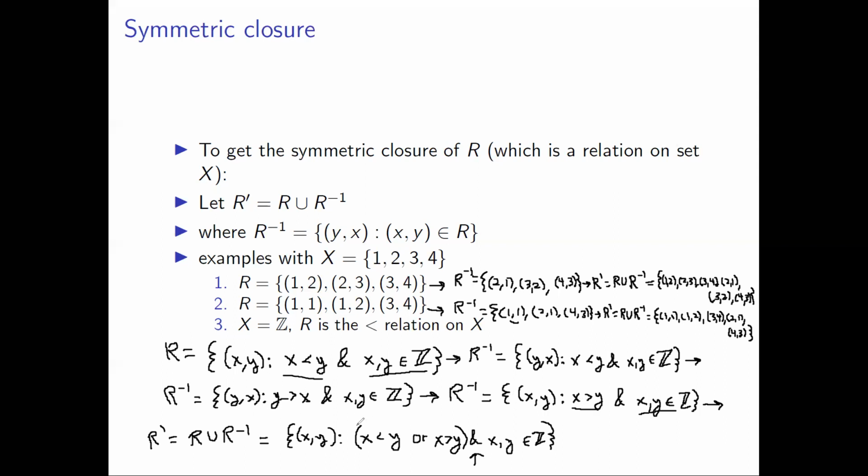So that is our symmetric closure. It's a set of ordered pairs X, Y for which X is less than Y, or X is greater than Y, and both of them are integers. A simpler way that we can write that is as the set of ordered pairs X, Y for which X does not equal Y, and X and Y are both integers.